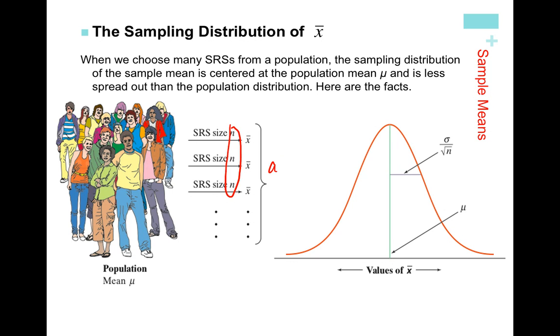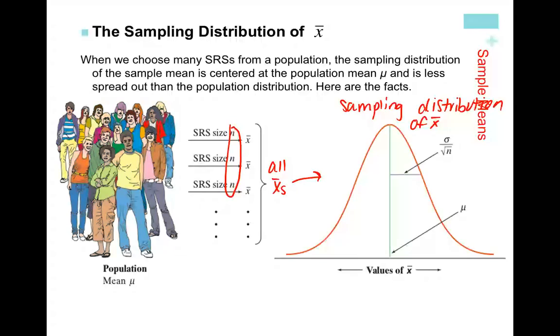When we put all of these X bars together and make our distribution, this is our sampling distribution for the sample mean. It's centered at the population mean mu, and the variability is sigma over square root of n. So those two formulas that we saw in the previous slide just now represented on a graph.